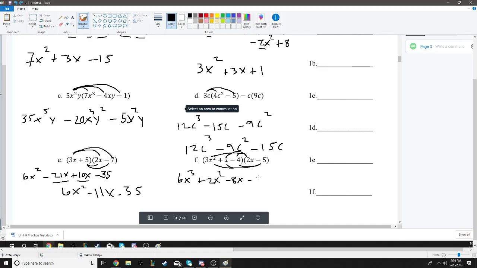Whoops, actually, I like putting them underneath here. So negative 15x squared. Negative 5 times x is negative 5x. Negative 4 times negative 5 is a positive 20. And when we combine like terms, we get 6x to the third power. 2 minus 15 is a negative 13x squared. Negative 8 minus 5 is negative 13x plus 20.